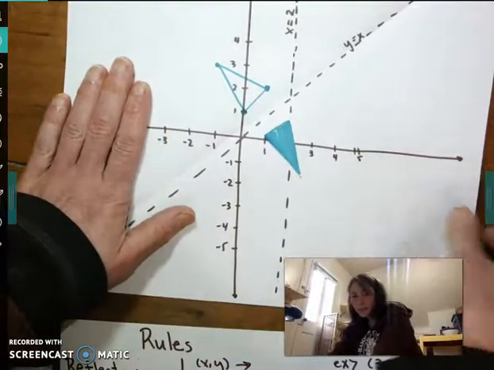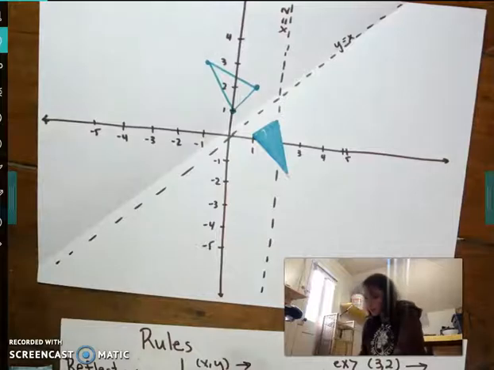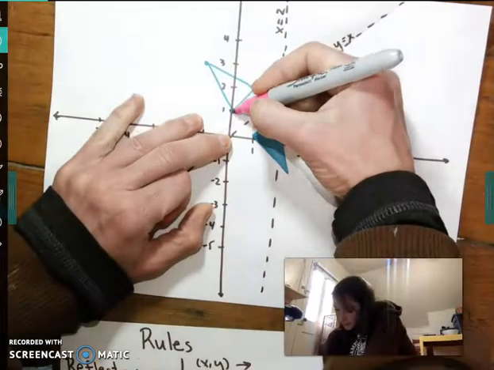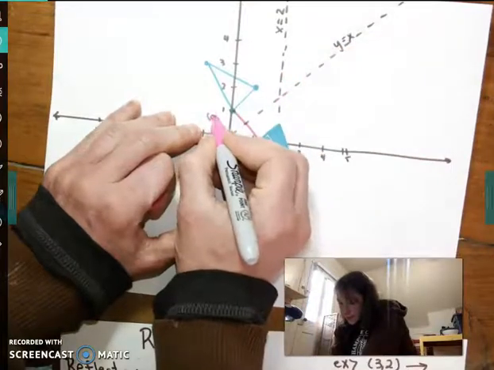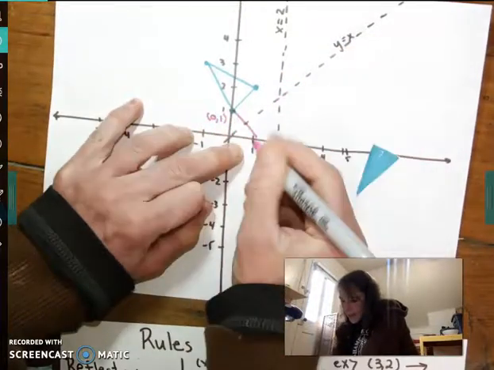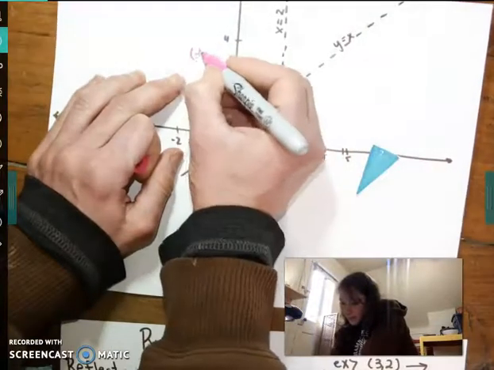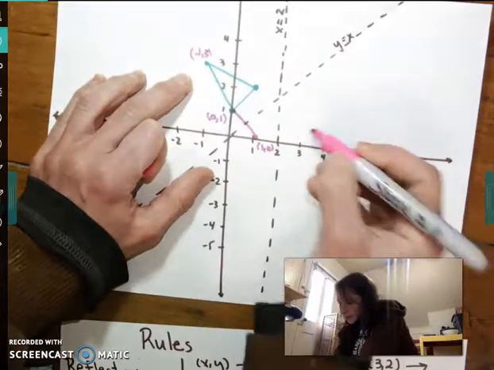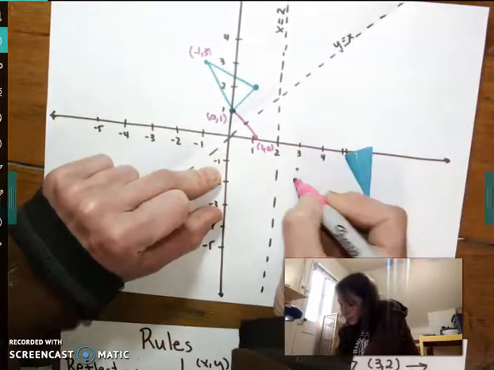So what happens when we reflect over y equals x is we switch the x and the y coordinate. So this point goes across to the other side. So instead of being 0, 1, now look, it's 1, 0. This one that was negative 1 comma 3 is now going to be 3 comma negative 1.